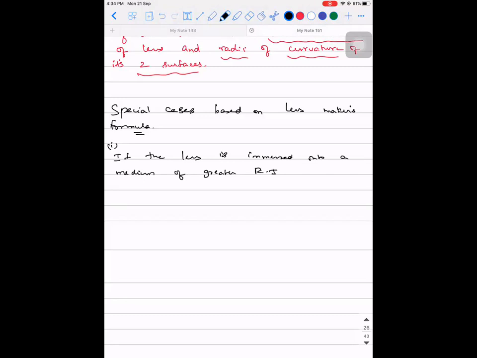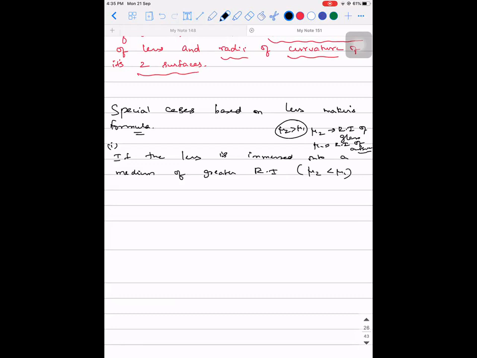Previously, mu2 is the refractive index of glass or lens, and mu1 is the refractive index of the outside medium. In the previous case when we derived, we took mu2 greater than mu1. That is why we got the ray diagram in that pattern. If we assume that mu2 is less than mu1, then what will happen is the question.